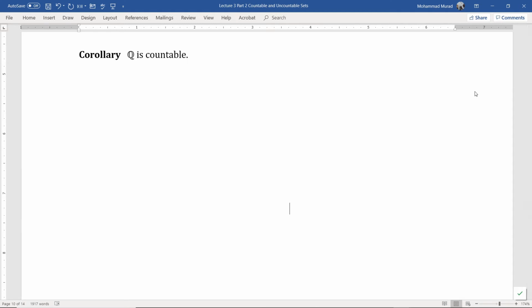This theorem has the consequence that Q is countable. Let's see the proof of this corollary. Let's define the family of subsets E sub n for each n in the following manner. E sub n is a set of all elements of the form m over n, where m is an integer.